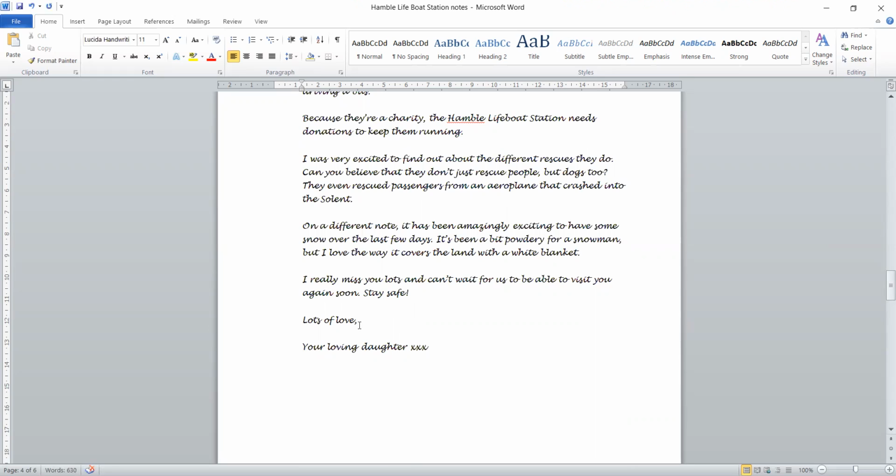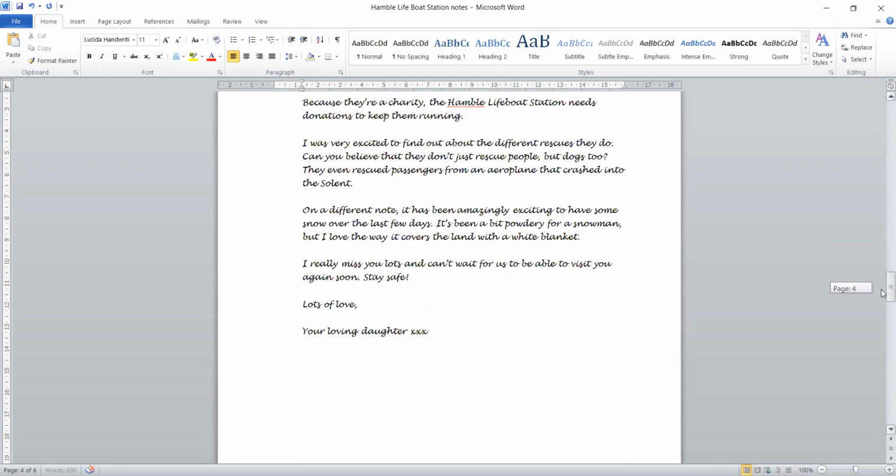So I need to make sure that I have a comma there after loads of love as well. And that's again specific to British English, but it is something that needs to be there in the informal letter.